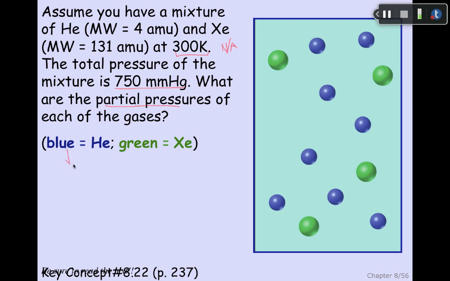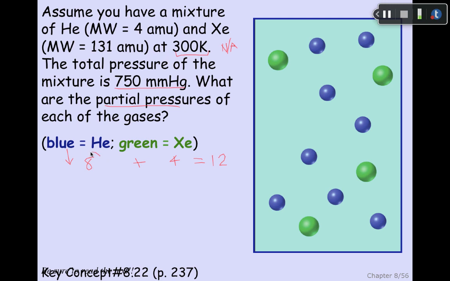And we'll see how many blue ones we've got. I would say there must be 1, 2, 3, 4, 5, 6, 7, 8 are helium. The green are 1, 2, 3, 4, so that would be a total of 12 spheres in the diagram. The total pressure then is related to the two portions combined here.